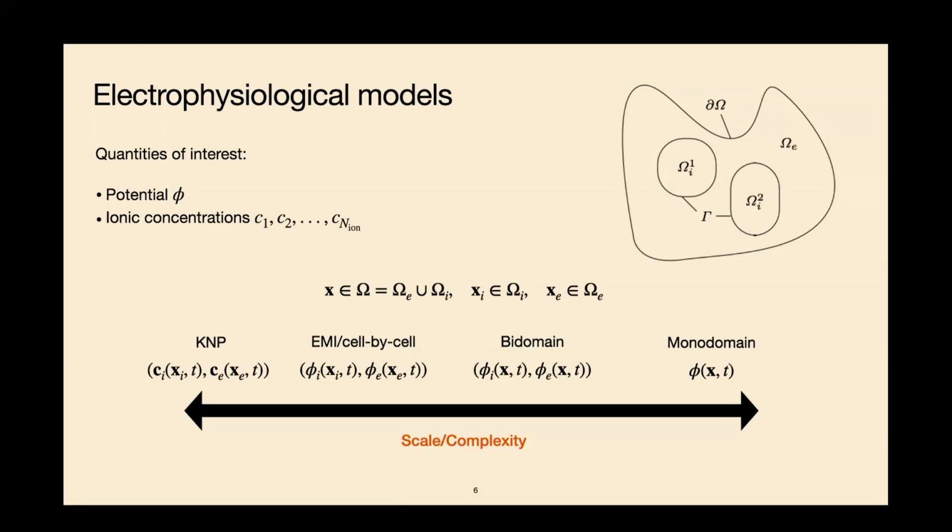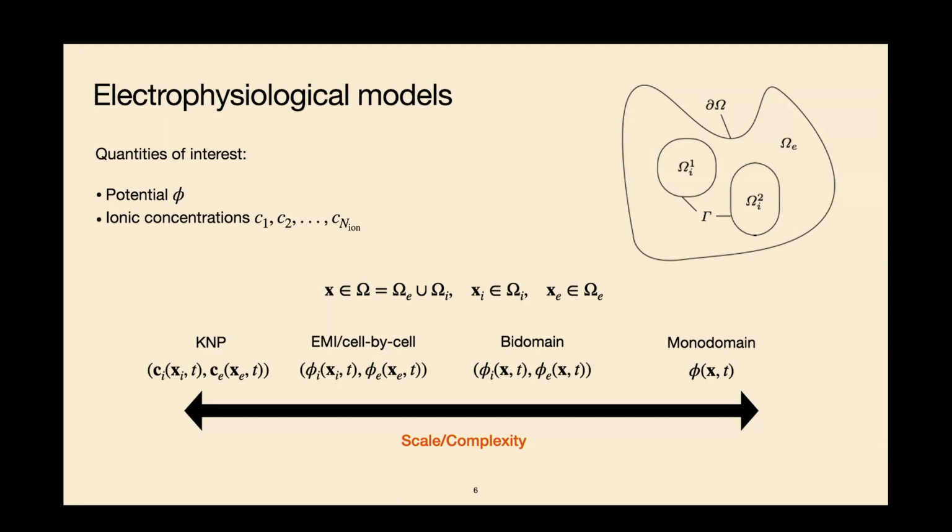Now, what do we model on these geometries? There are various kinds of models depending on the scale and complexity in electrophysiology. Once you have your domain with some extracellular and intracellular space, you can use, for example, the monodomain, where you consider just an electrical potential everywhere.